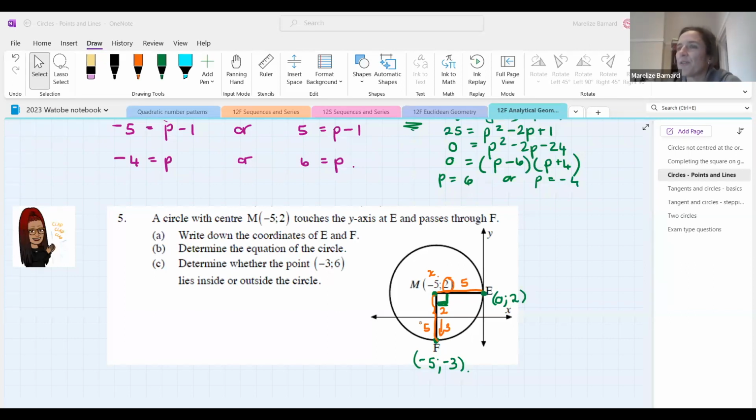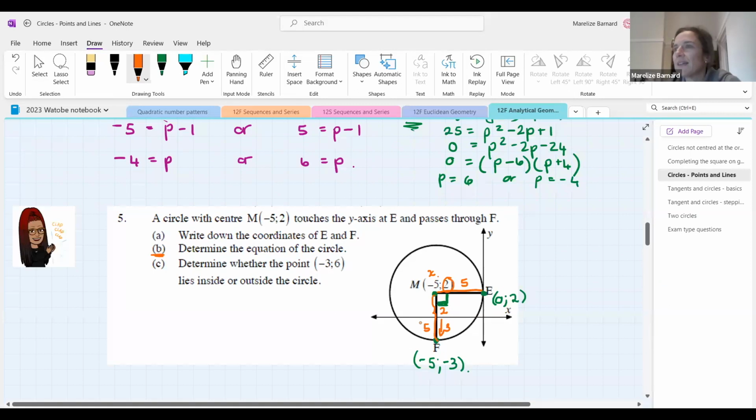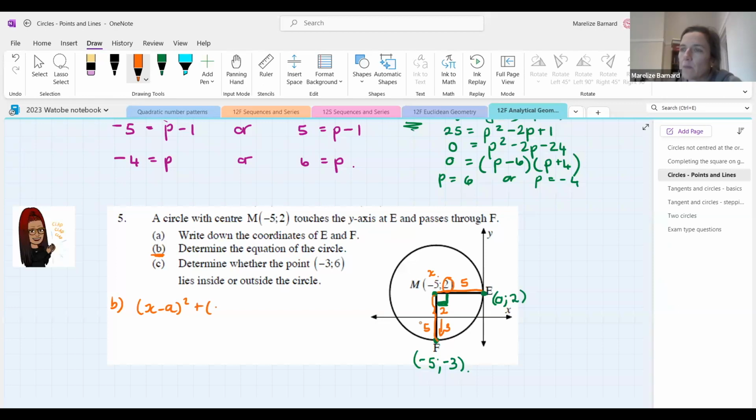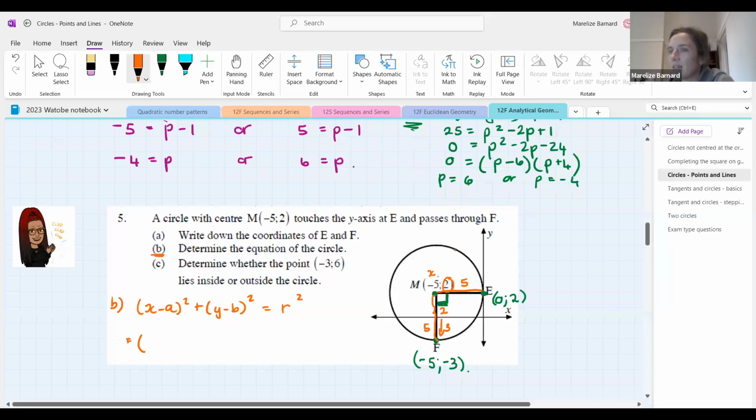Okay, so next up is for you to find the equation of the circle, question B. So remember, for the equation, we need (x minus a) squared plus (y minus b) squared equals the radius squared. I think that might be the last one we have time for. So we're going to sub in our center.